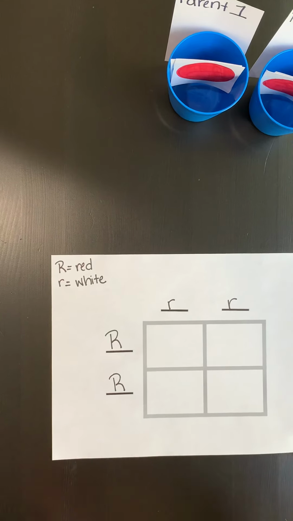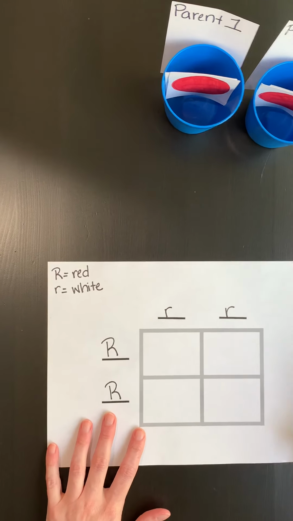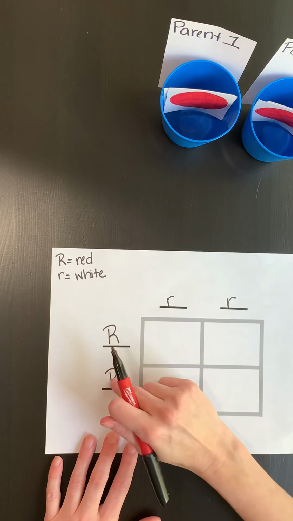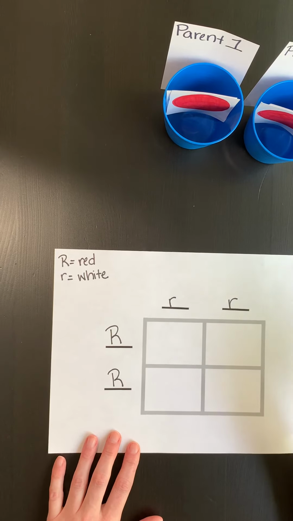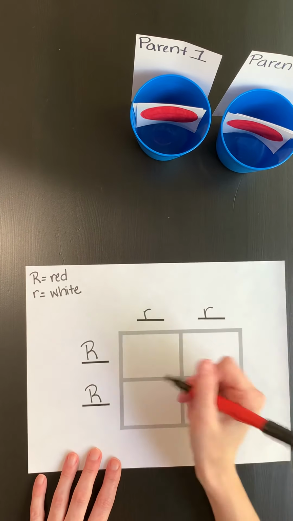Okay? Usually though, when you're making Punnett squares, you don't use colors and circles to represent. They usually use letters to represent. So in this example, the capital R represents the dominant gene, the red, and the lowercase r represents the recessive gene, the white.